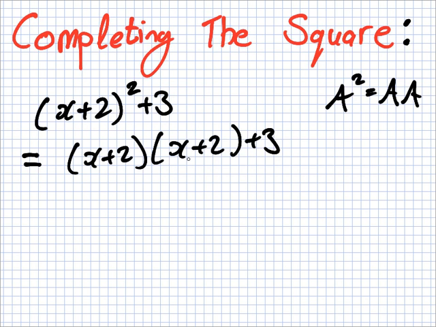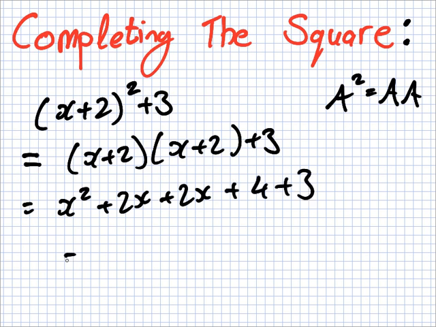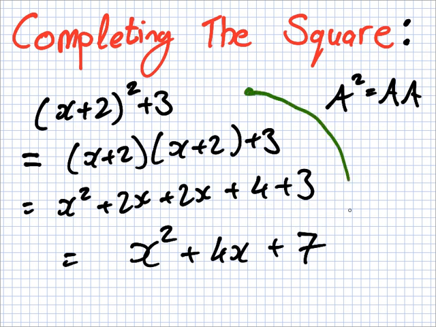Let's multiply it out. x by x, x squared. x by 2, 2x. 2 by x, 2x. 2 by 2, 4, and 3. So this would be x squared plus 4x plus 7. Now, what's the verb that describes going from here to here?